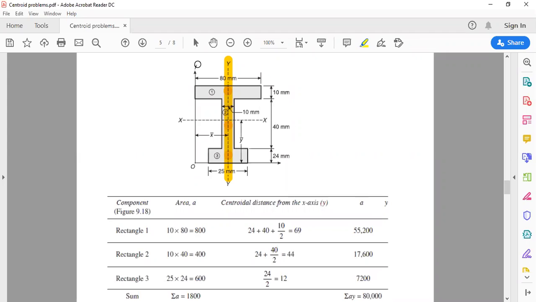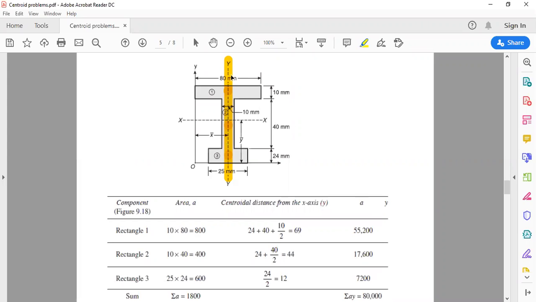So you can directly calculate the x bar for the total figure. I repeat, since you have an axis of symmetry parallel to the reference y-axis, therefore x bar of the total figure can be calculated directly.